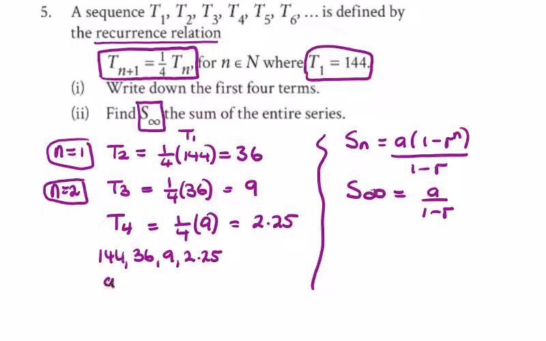A is 144 and my ratio is a quarter, so we're going to have 144 divided by 1 minus 1 over 4, which works out to be 192. Just double check that on a calculator. 192 I think for this one.